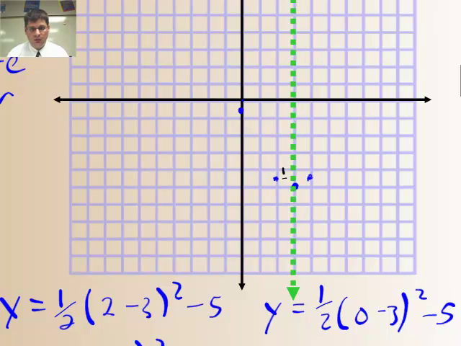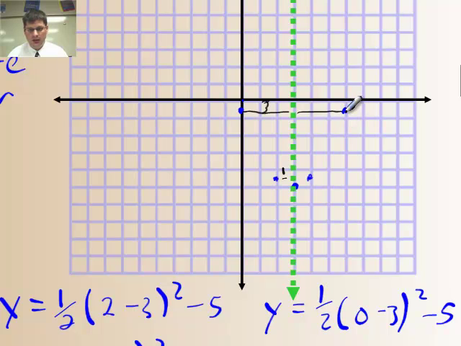And this one is 3 units. This point is 3 units from our axis of symmetry. And see, it helps to draw the axis of symmetry, so you can see how far you have to reflect it. And so that means we need to go 3 units, 1, 2, 3, in this direction.